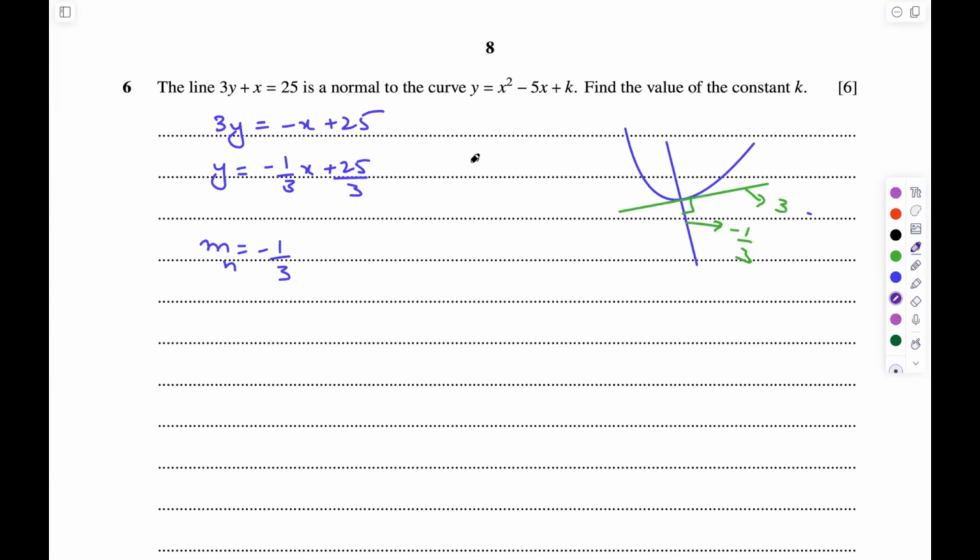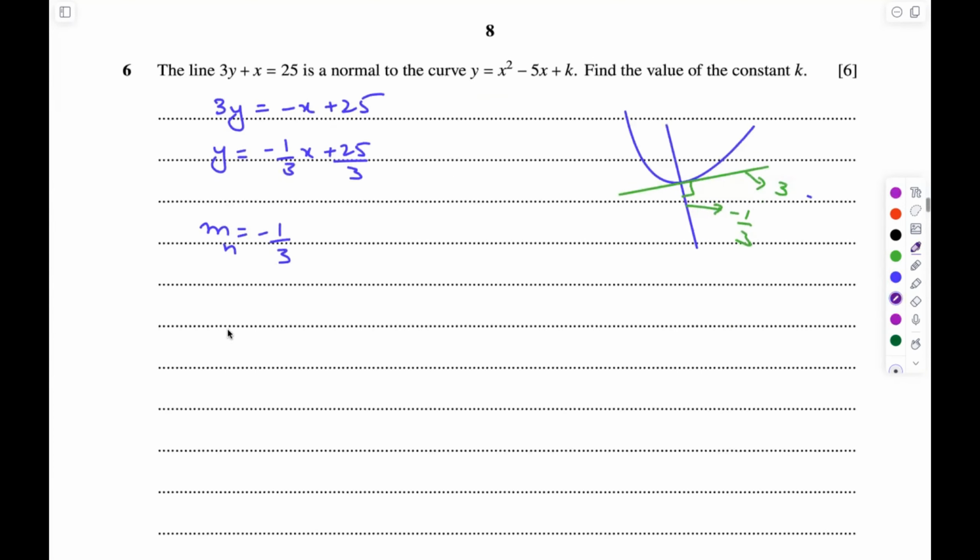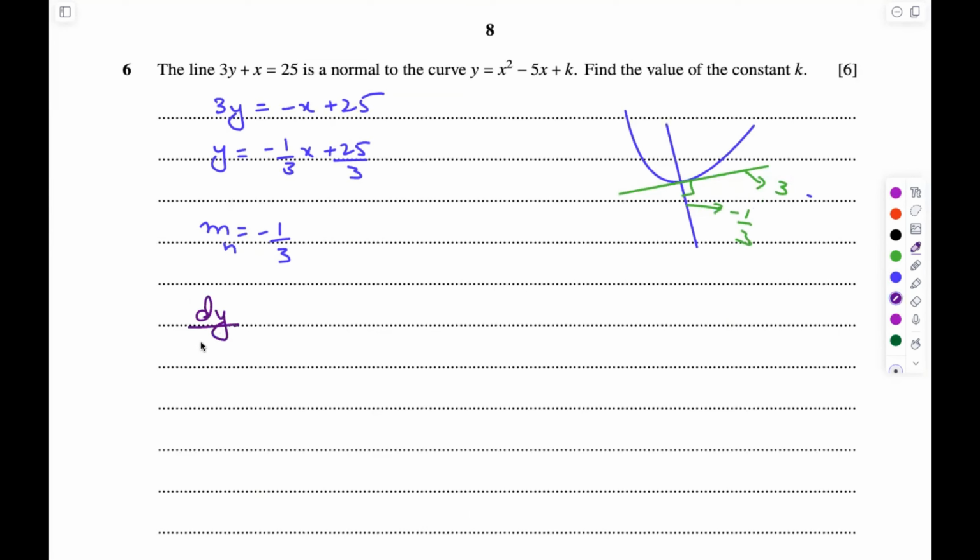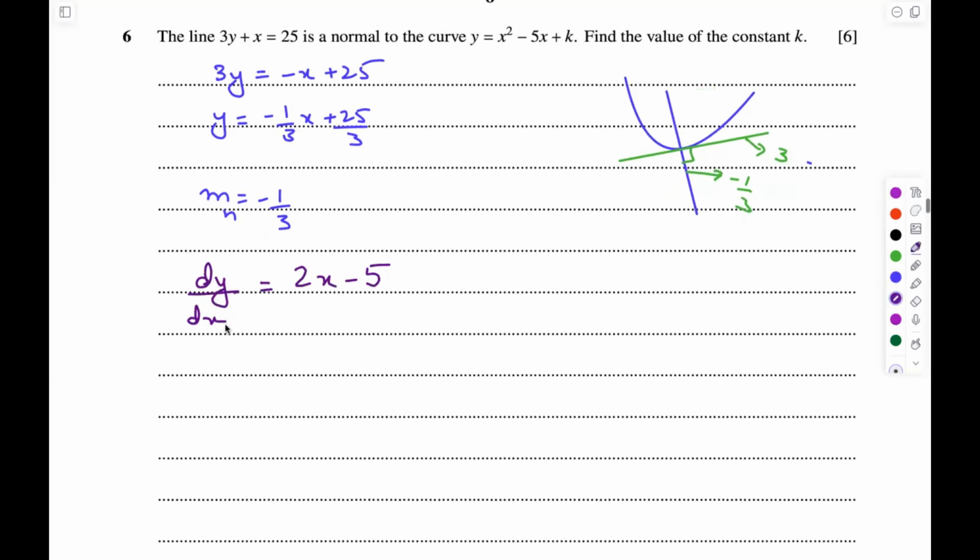If you find the dy dx of the curve, which gives us the gradient of the tangent, dy dx will become 2x minus 5. Now dy dx is equal to positive 3. So we can write it as 3 is equal to 2x minus 5. So 2x is equal to 8 and x will be equal to positive 4.